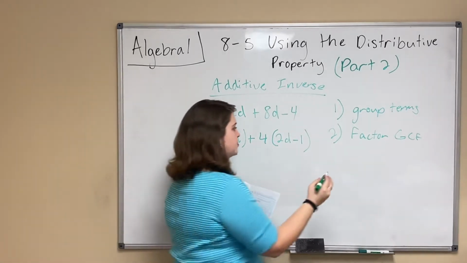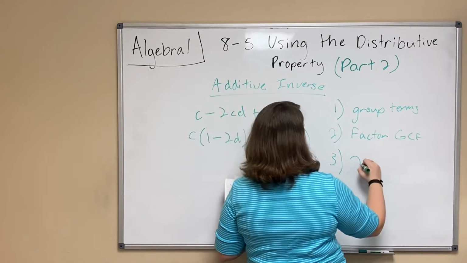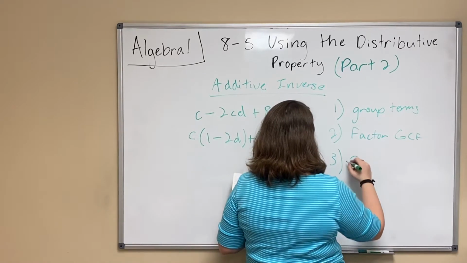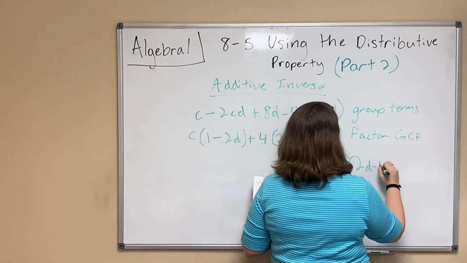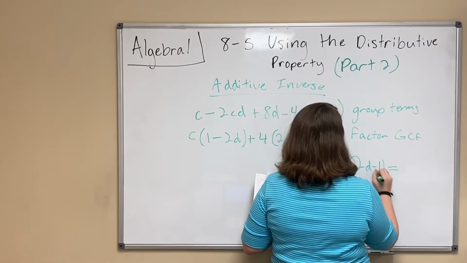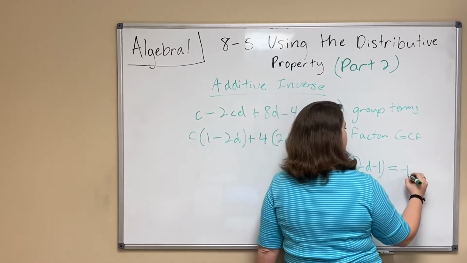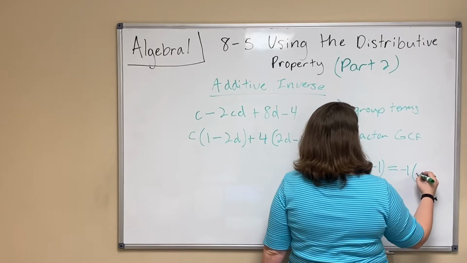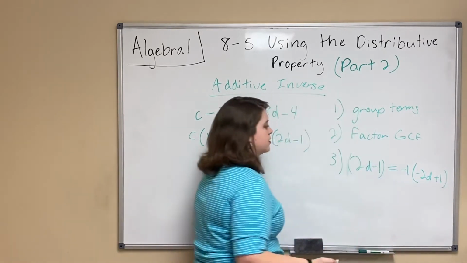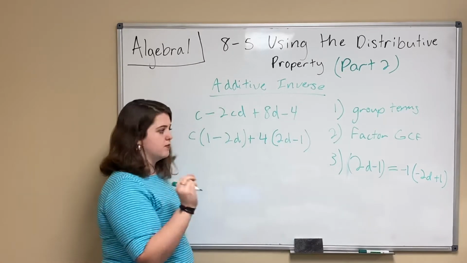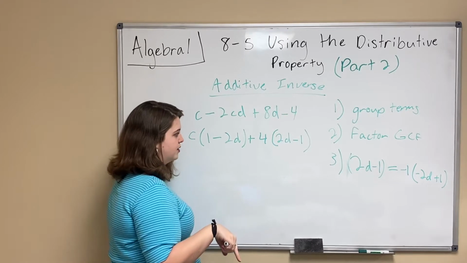What I'm going to do is say, well, I know that 2d minus 1 is the same as saying negative 1 times negative 2d plus 1, right? I've just pulled a negative 1 out of there, divided the whole thing by negative 1.